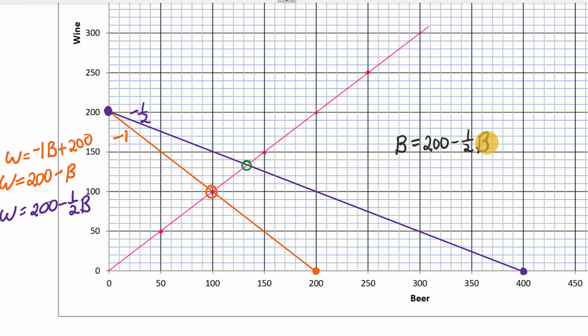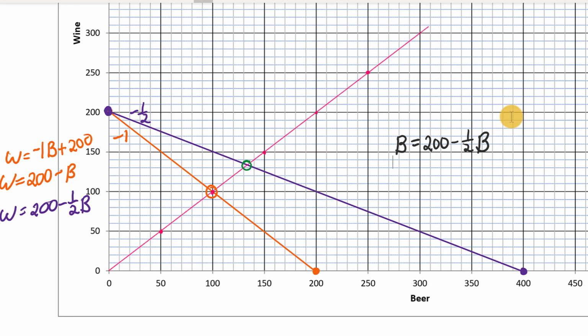The amount of wine equals the amount of beer. So we could either substitute B equals W or W equals B and solve this for B. And when we solve that for B, we're going to end up getting the amount of beer equals the amount of wine is 133.33333 in the United States.